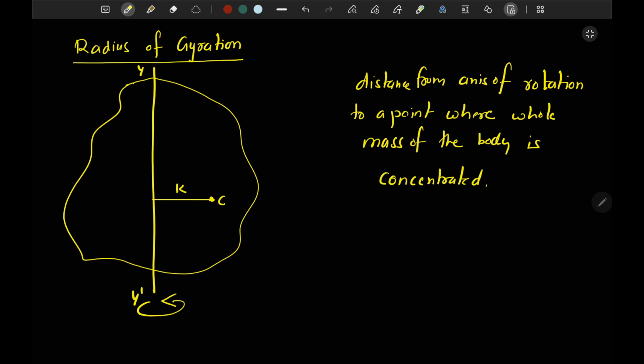Now from the concept of moment of inertia, if this object is considered as consisting of n particles of different masses with their positions r1, r2 up to rn, then by the definition moment of inertia will be defined as summation mi ri square, i equal to 1 to n.